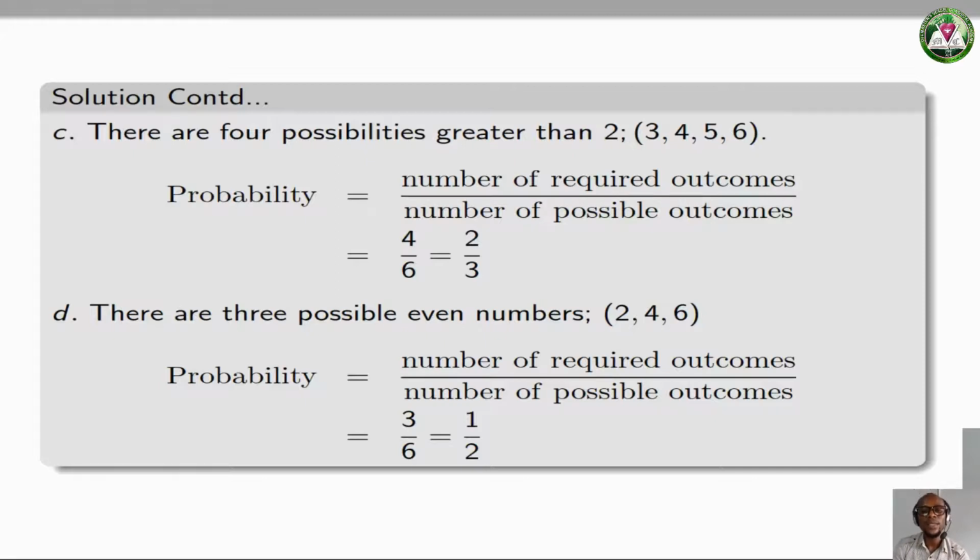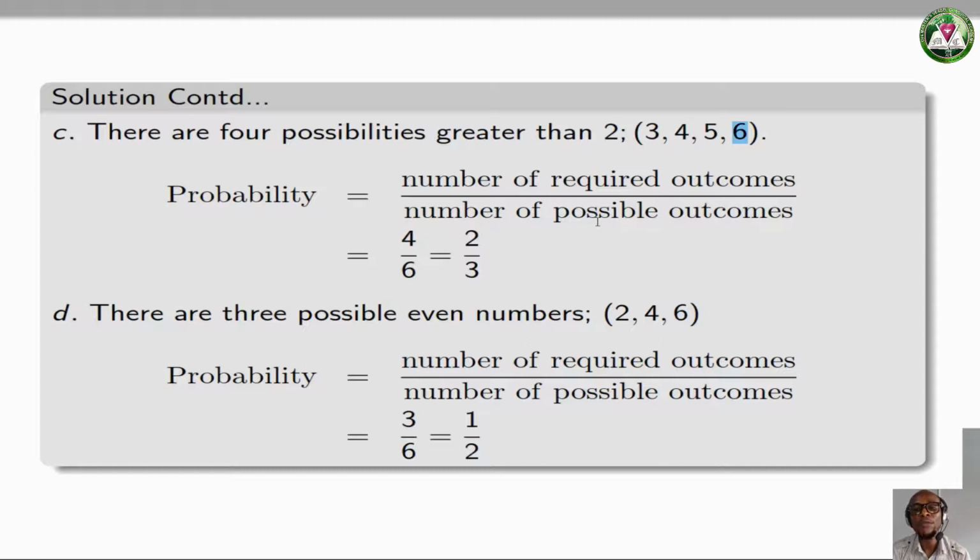So there are 4 possibilities. So the probability is number of required outcomes over number of possible ways. So the number of ways she can throw a number greater than 2 are how many? Now let's count. We have 3, we have 4, we have 5, and we have 6. So the number of ways she can throw a number greater than 2 is 4. They are 4 in number.